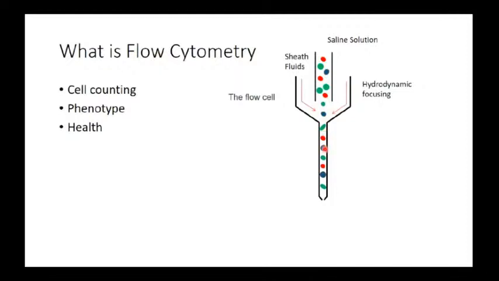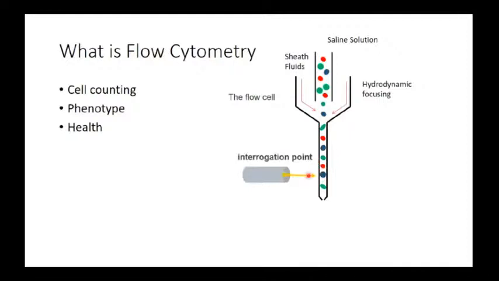It's very important to pass the cells one by one through the tube, because here I have the laser beam, and the cells should pass through the laser beam one by one. The point where the cells pass through the laser beam is called the interrogation point.